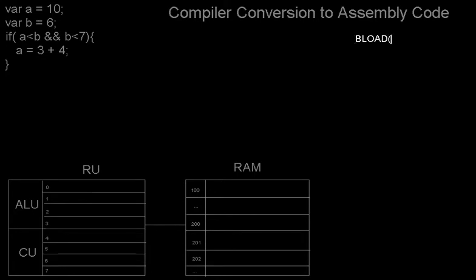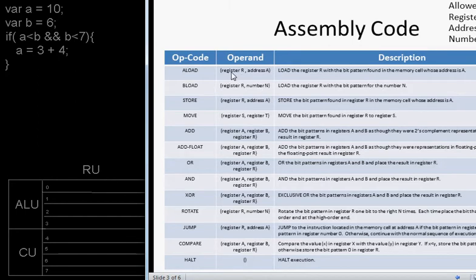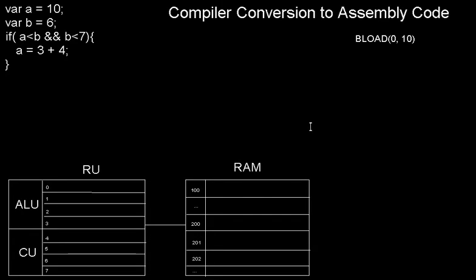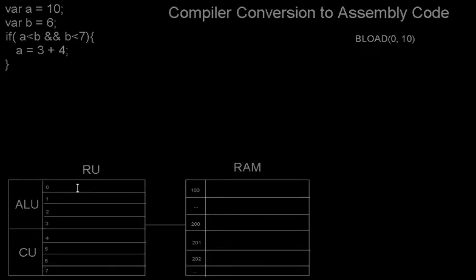We want to look at the syntax, and it's first the register, then the number. So first we'll say register 0, and we want to put the number 10. So what this does now is puts the value 10 into this register.